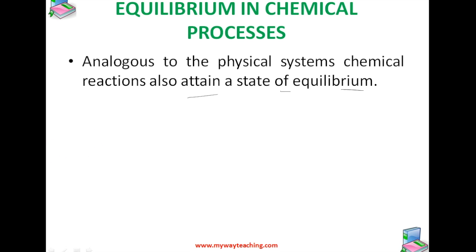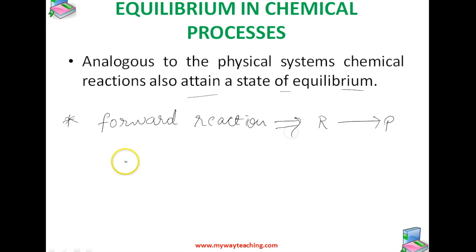Okay, so dynamic equilibrium gives a forward reaction, that is from reactants to products. And also there is a reverse reaction, which gives the products back to the reactants.